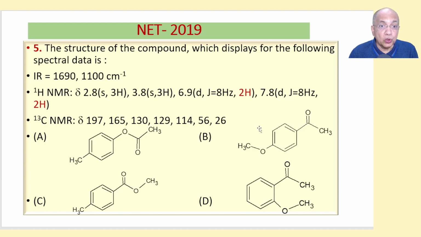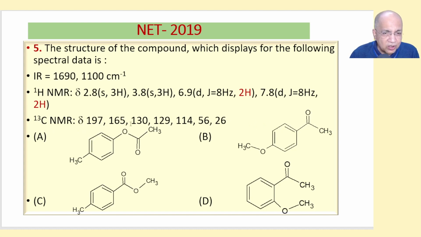Now you have suspected it to be a ketone or maybe an ester, because the formula is not given, but in all these compounds you have been given esters. Now what is the fun of giving carbon-13 NMR?